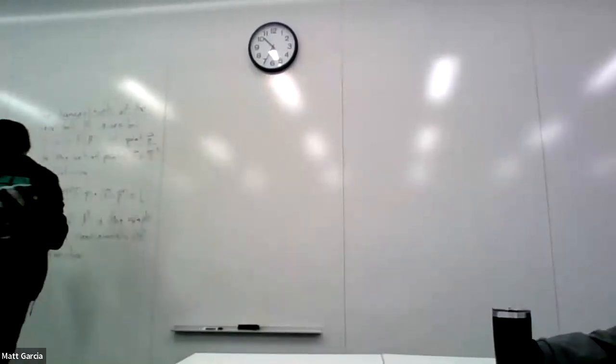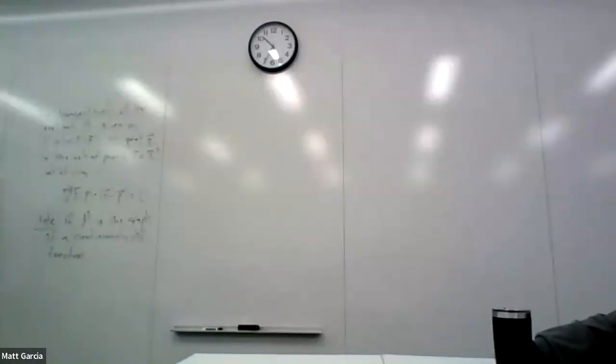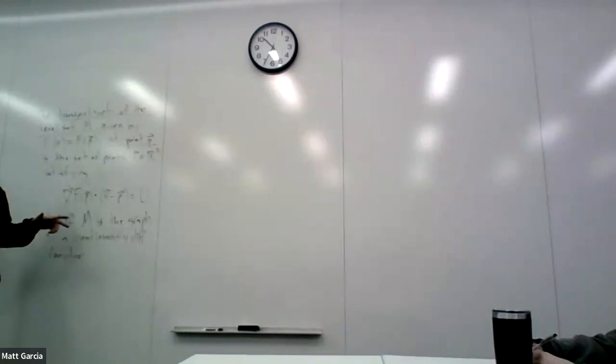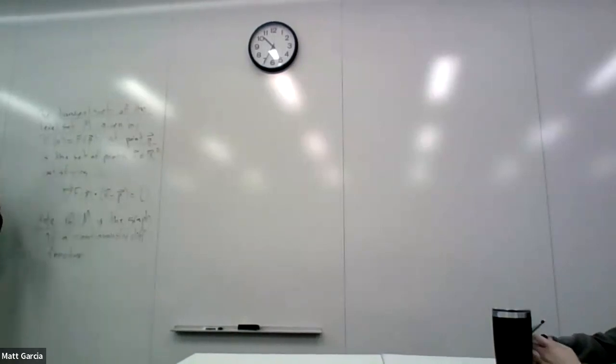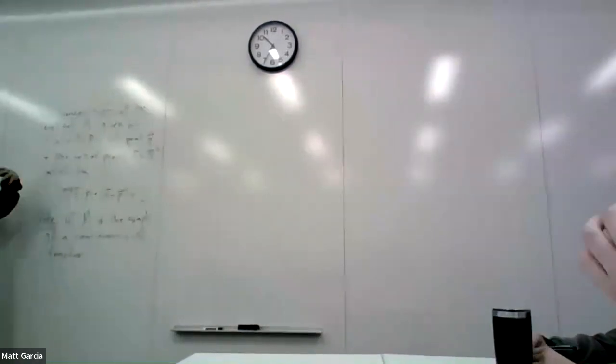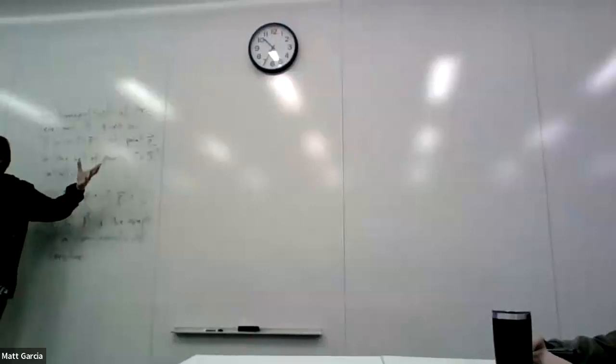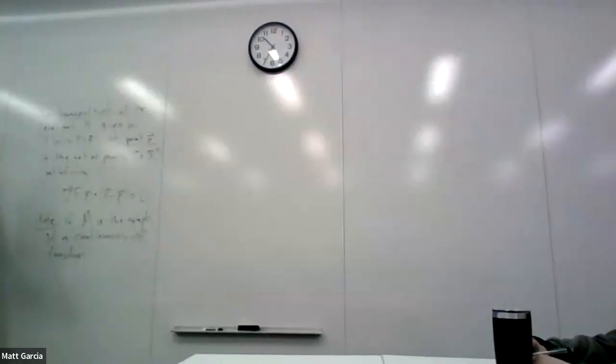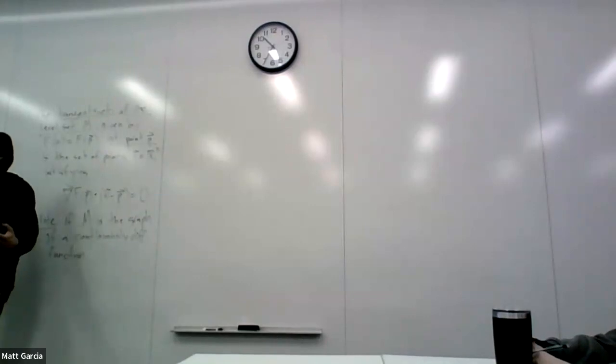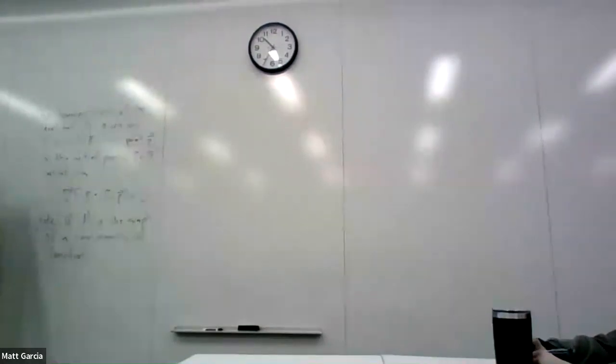Okay, so if M happens to be the graph of a continuously differentiable function, that is to say, remember, M comes from the level set of some function of n variables. It might happen that M can also be described as the graph of a continuously differentiable function.